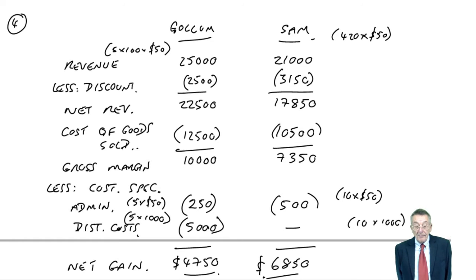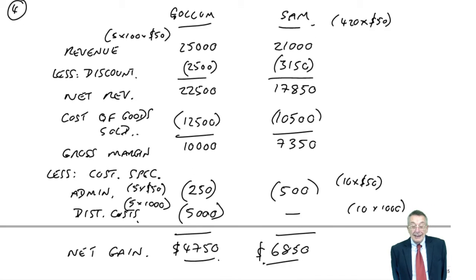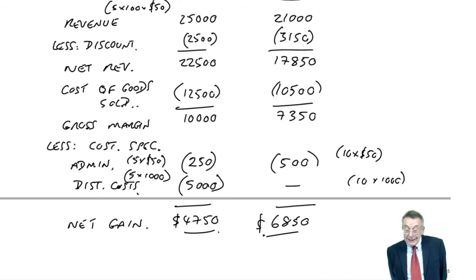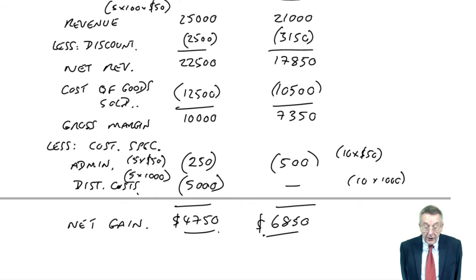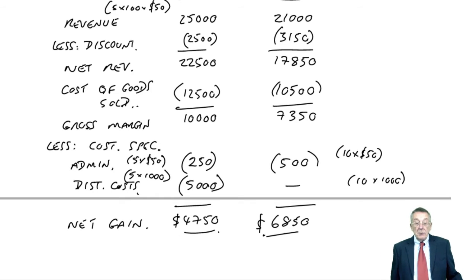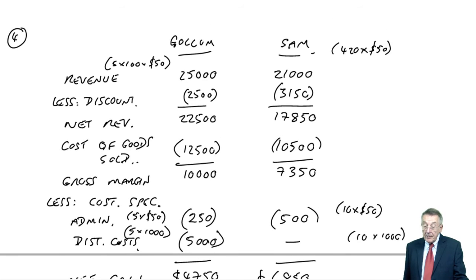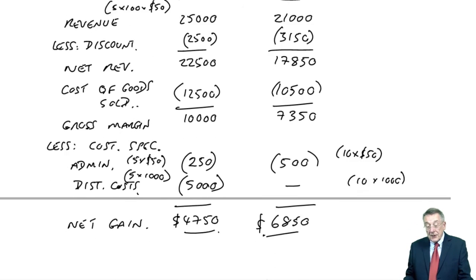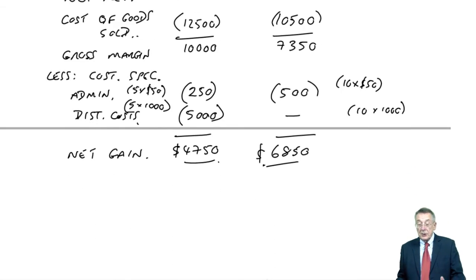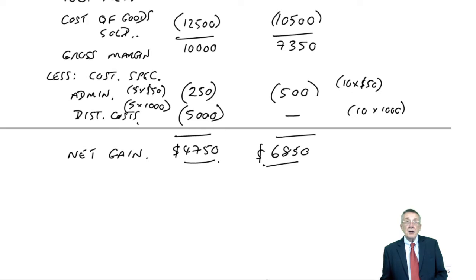Got more revenue, a bigger gross margin. But when we take into account the costs of dealing with the orders, the admin, the distribution, it turns out that Sam is better, primarily because his discount is because they're collecting their own shoes. We don't have that 10,000 cost of distribution that we would otherwise have.